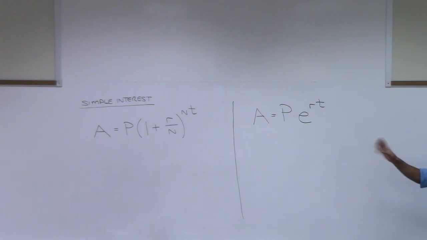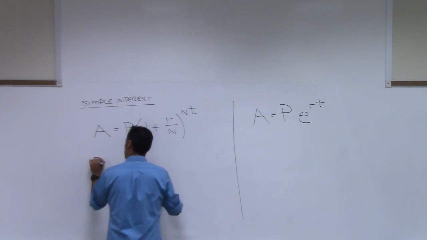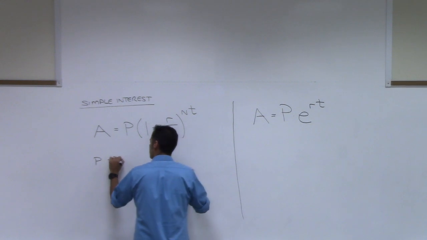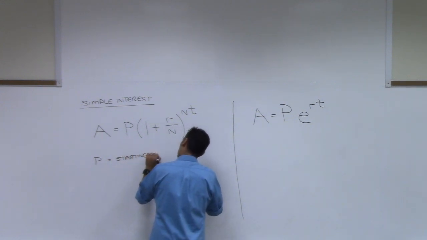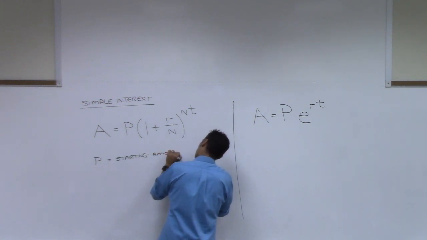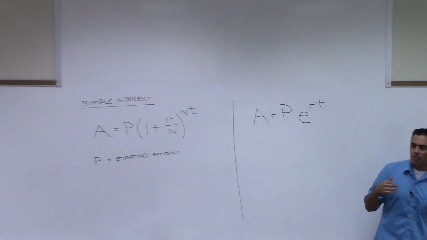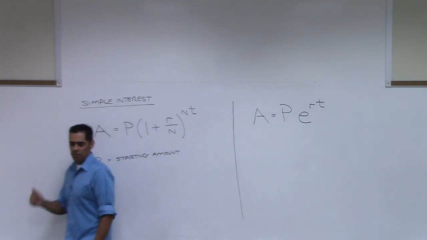Let me explain what every single letter in these formulas means. Okay, let's start with capital P. Capital P in this formula is called the principal, the starting amount. So let's say you buy that TV you've always wanted on your credit card and you charge $2,000.